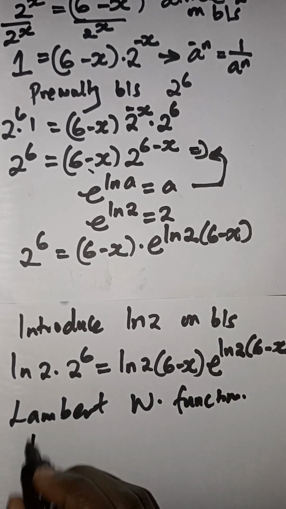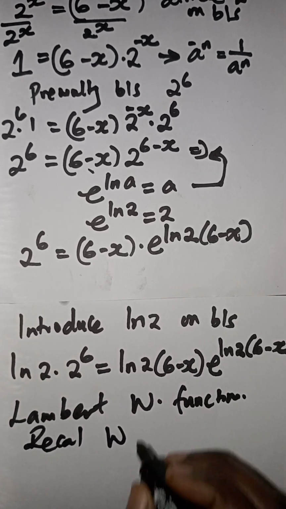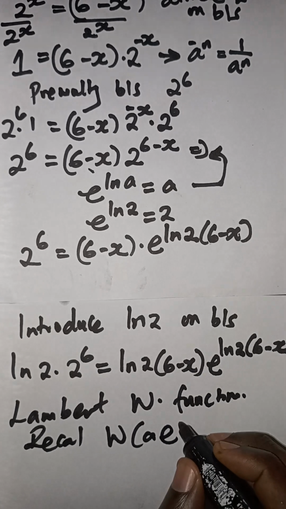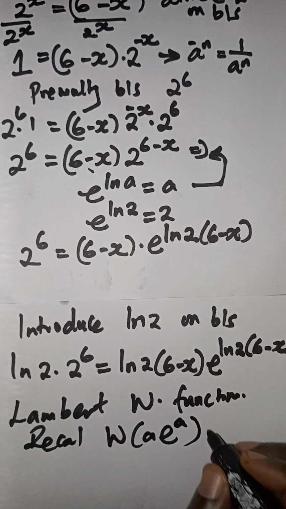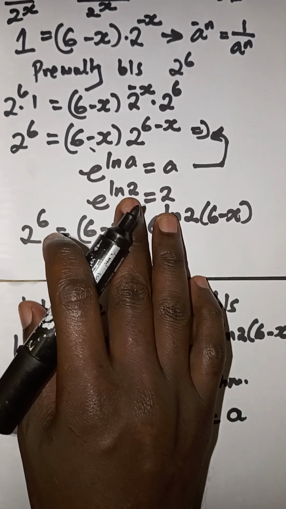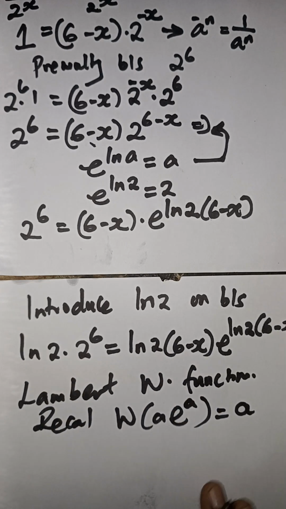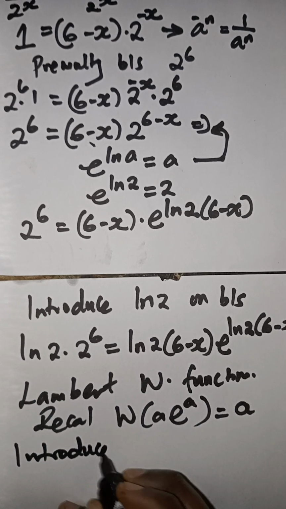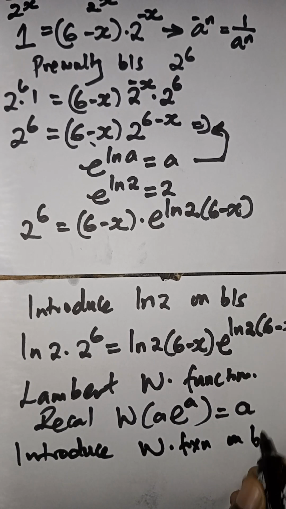And you need to recall that when you have the W of a multiplied by an exponential of a, then it goes without saying that the output will be equals to a. So introducing the W function on both sides of this equation.